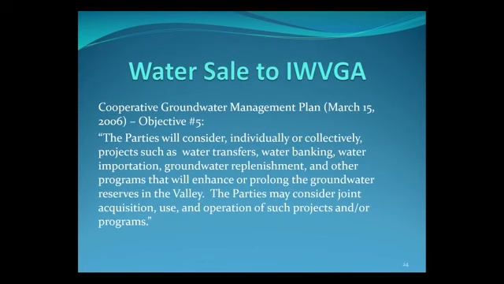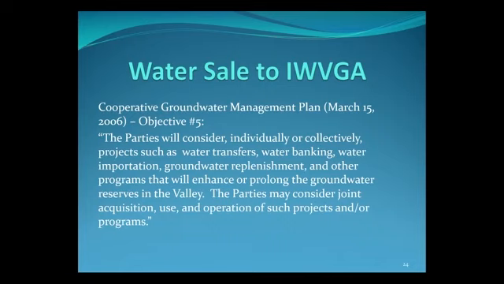We also noted that the Indian Wells area entered into a cooperative groundwater management plan back in 2006 that was signed on to by the Naval Air Weapons Station, the City of Ridgecrest, the Indian Wells Valley Water District, the East Kern County Resource Conservation District, the Bureau of Land Management, and the County of Kern.